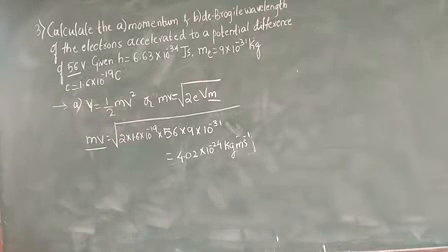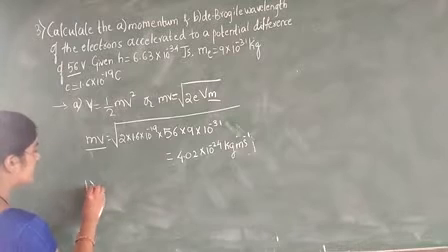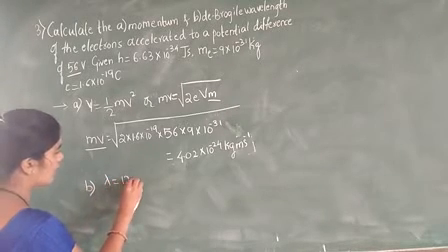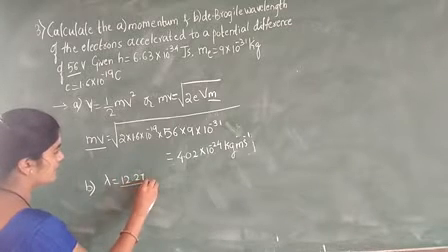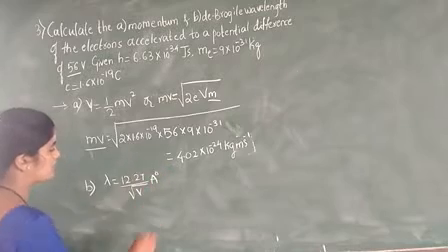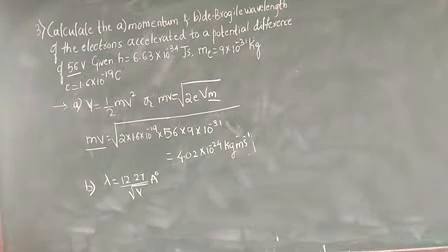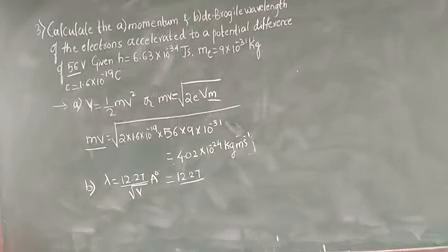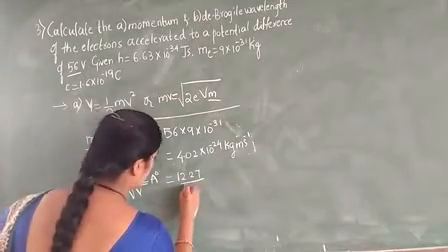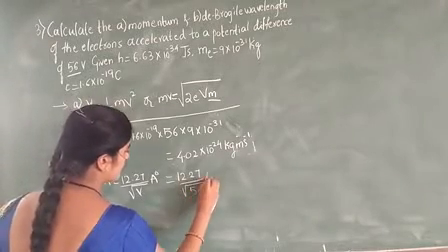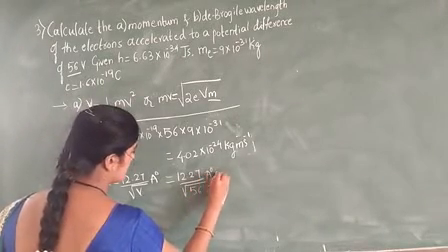In the same way, we have to find the de Broglie wavelength. Now let us consider lambda is equal to 12.27 divided by root of V into angstrom. Now the calculation part of lambda: 12.27 divided by root of 56, into angstrom.